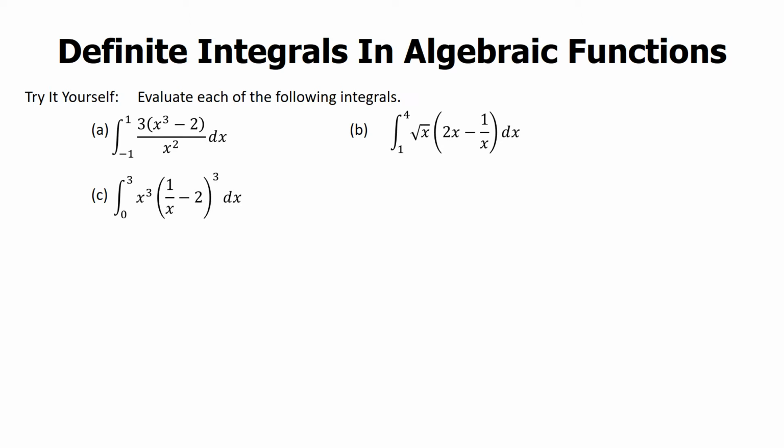C. Integration from 0 to 3, x cubed times 1 over x minus 2 cubed dx. D. Integration from 2 to 6, 2x minus 3 squared minus 1 over square root of 2x minus 3 dx. You can pause the video and try to solve it yourself.